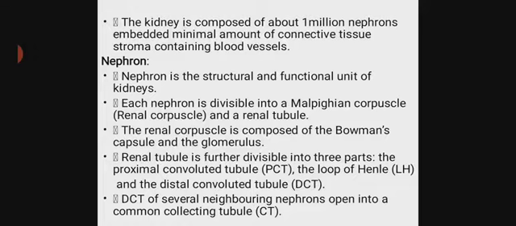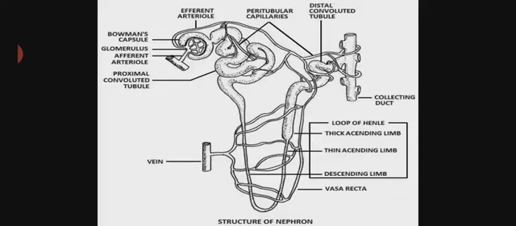The renal corpuscle is composed of the Bowman's capsule and glomerulus. The renal tubule is further divided into three parts: the proximal convoluted tubule, the loop of Henle, abbreviated as LH here, and the distal convoluted tubule, abbreviated here as DCT. The DCTs of several neighboring nephrons open into a common collecting tubule, that is CT.